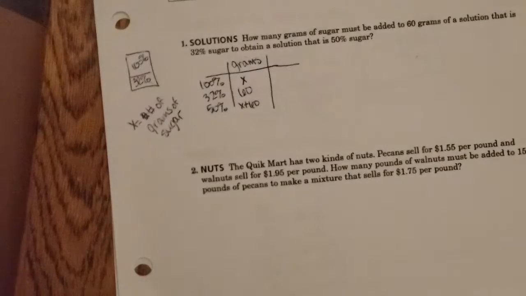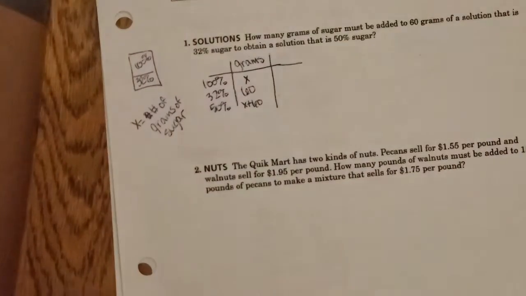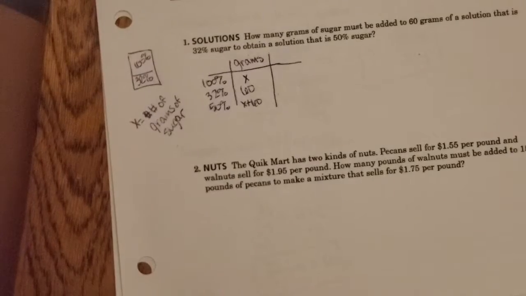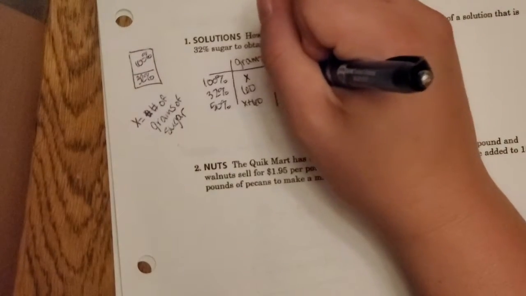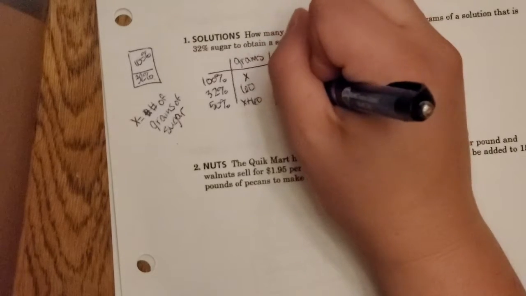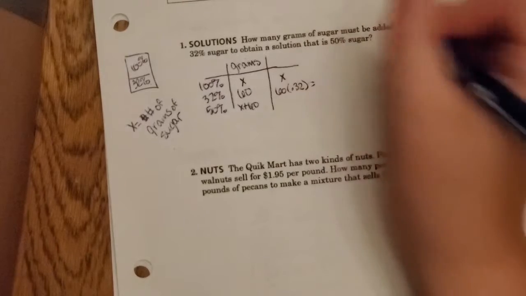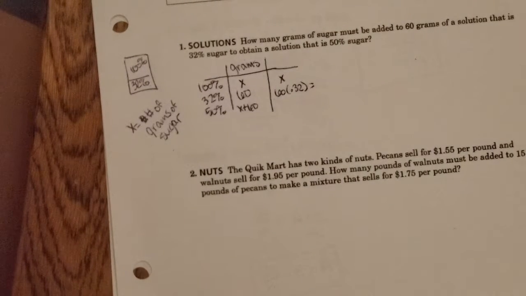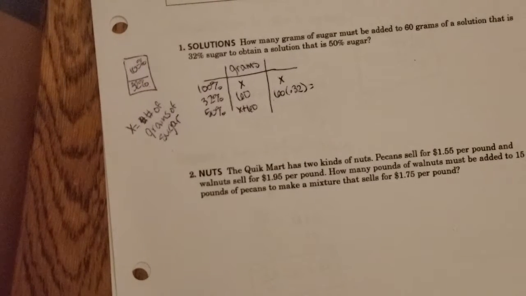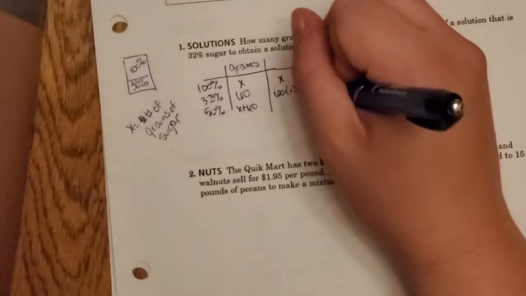Then to figure out how much sugar is in both parts, 100% is 1 as a decimal, so 1 times X. And then here I'm going to do 60 times 0.32, which is 19.2.